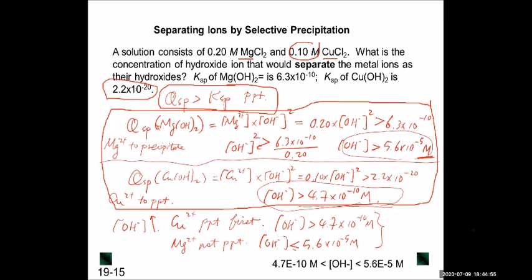Okay, any questions on this? We saw both. Whichever hydroxide is less concentrated means easier to precipitate. As we add in more hydroxide, it will be the first one to precipitate.